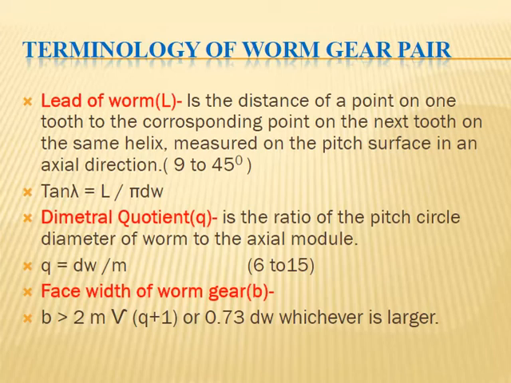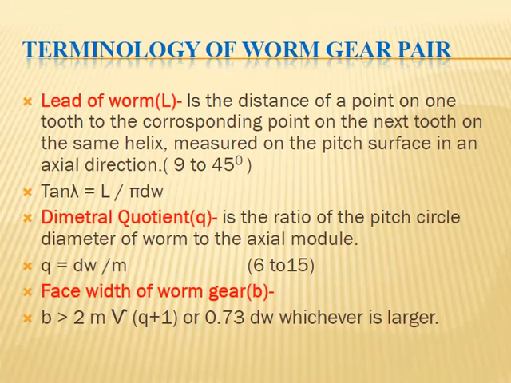So designation is the method to specify the corresponding gear pair. As we already know the designation of bearing or bearing number, the same kind of designation is available for the worm gear pair.